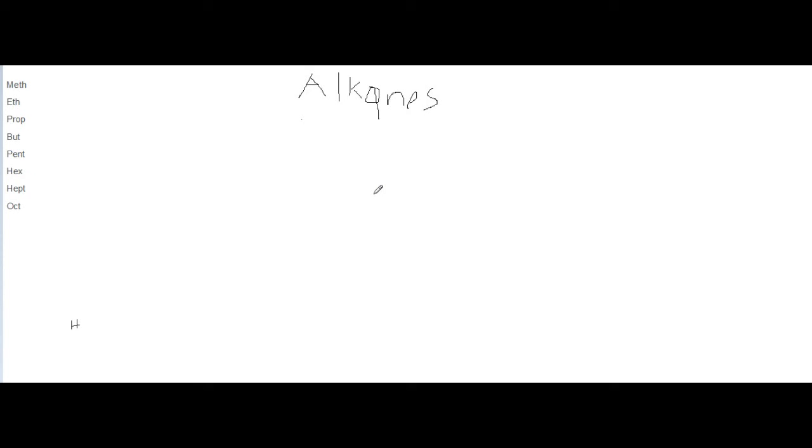Now, alkanes are very saturated. Alkanes are saturated compounds. Let's draw methane. As you'll see, all the carbon bonds are filled. They're all single bonds, and so there is no space in which to add anything. You can only replace. Therefore, alkanes only go through substitution reactions.